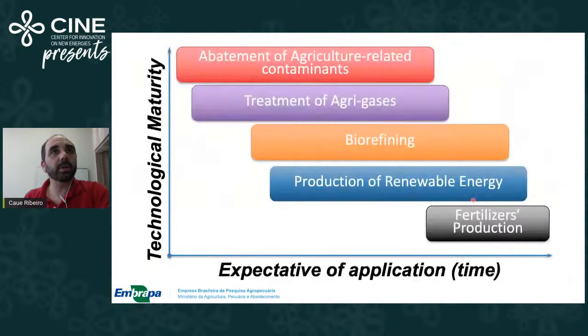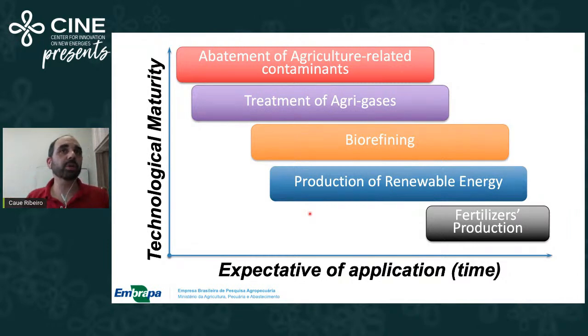The next topic in our understanding is the production of renewable energy. You can see that the expected application of this renewable energy is somewhat in the future. We don't have a clear number to say, but we understand that we are not working on something that will be applied in the next 10 years, for example. We are thinking of more than 10 years.